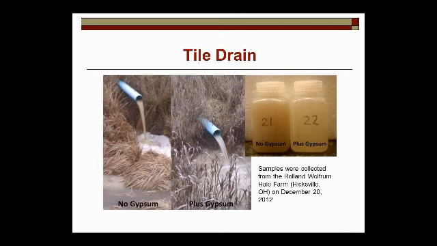These are some pictures that we took a little over a year ago, 2 years ago I should say, where we applied gypsum over different tile lines. The picture on the left is where we had no gypsum over a tile line, and just the adjacent tile line next to it, we applied gypsum. You can see very clearly the difference in water quality just visually.